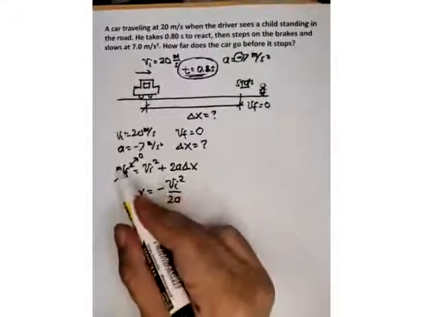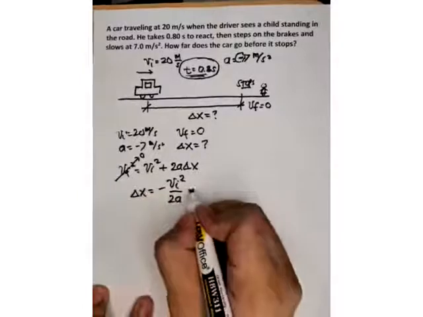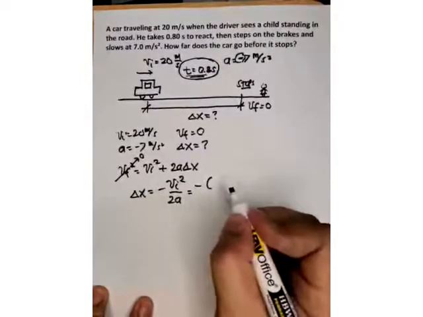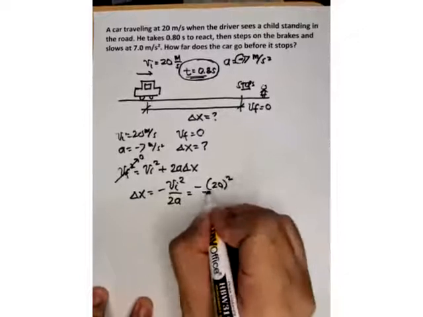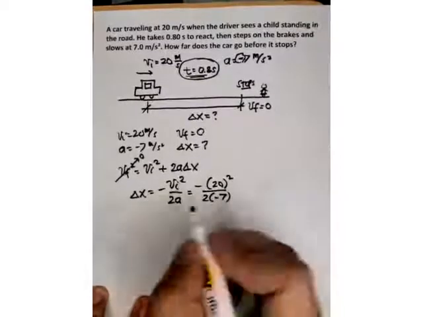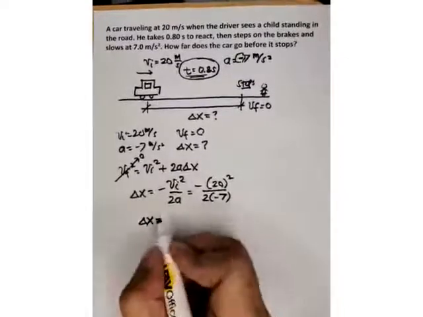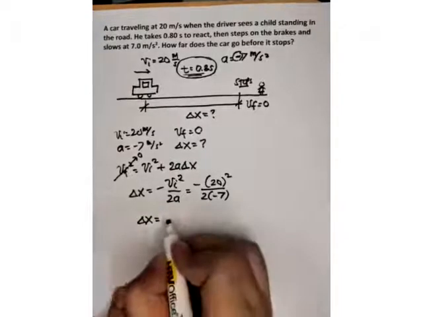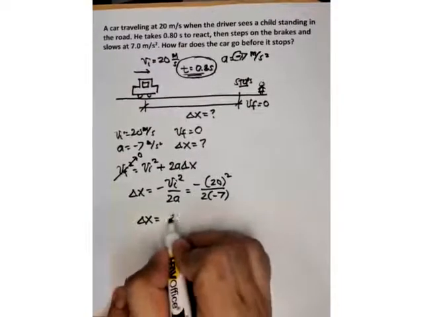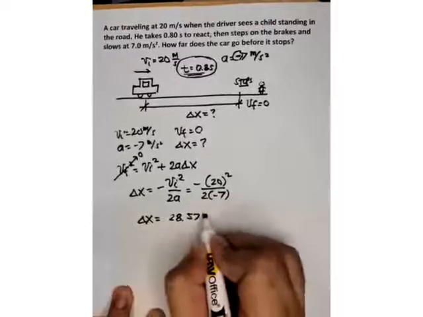So transpose ko to and then divide ko ng 2a. So that's equal to negative v initial, that's 20 squared over 2 times -7. So what is delta x? Tama ba ako? That is 28.57 meters.